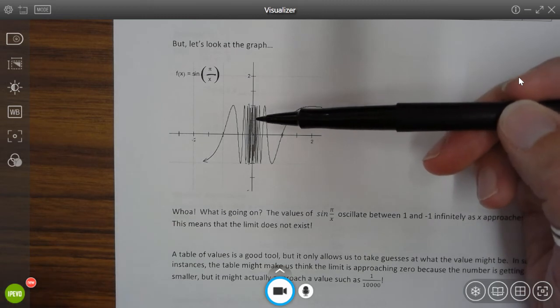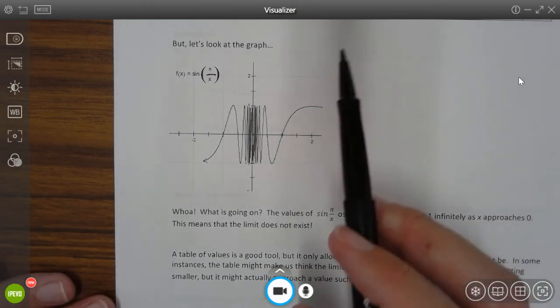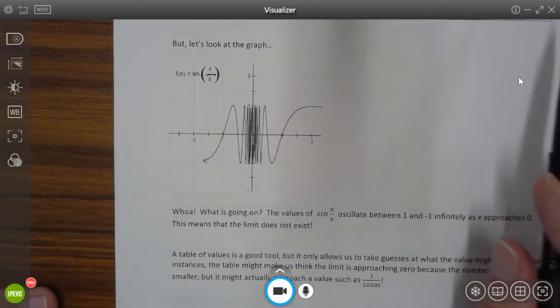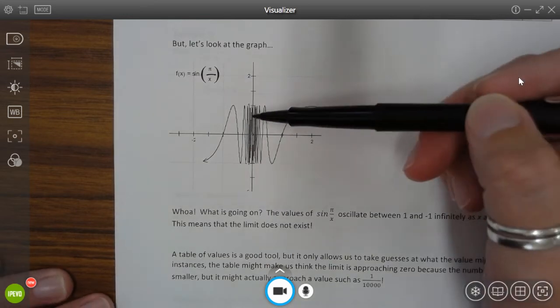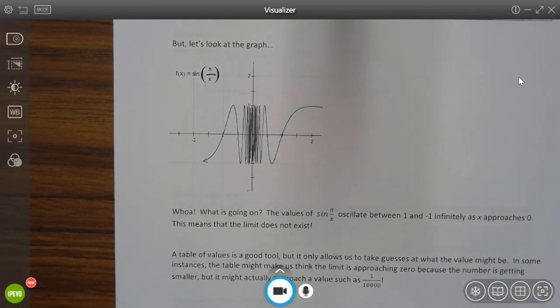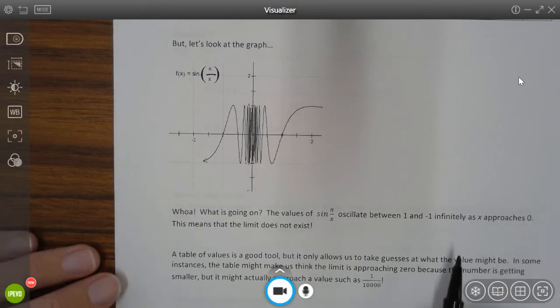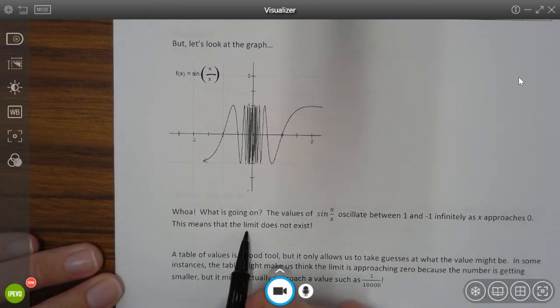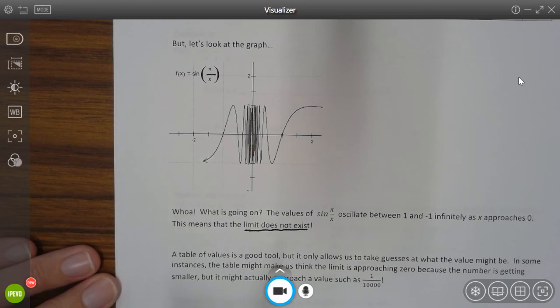It's never going to stop. So even though our table up here is telling us we'd want to say the limit is 0, the graph never stops bouncing between those values. So when we have an oscillating graph, the limit is not going to exist, because we're not approaching one single value.